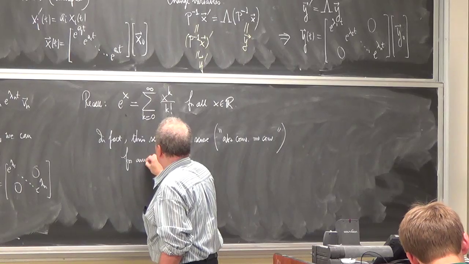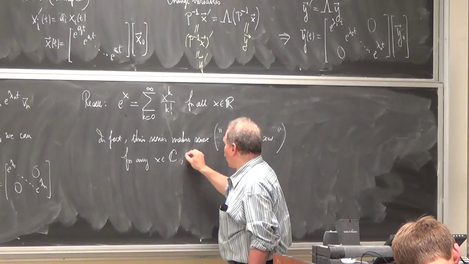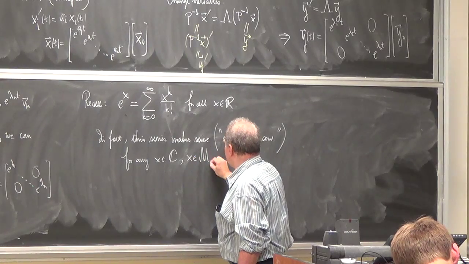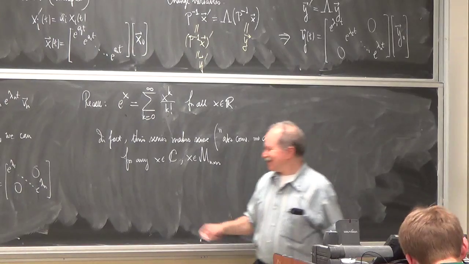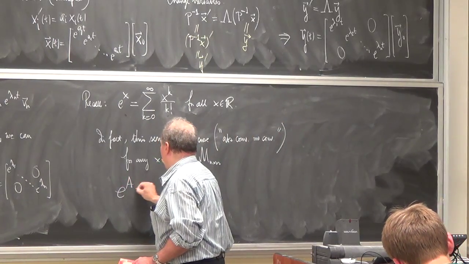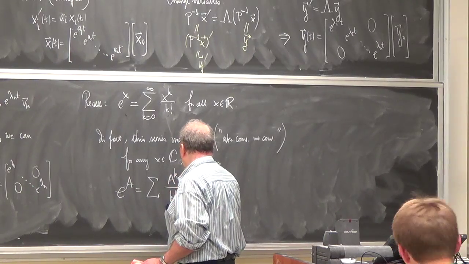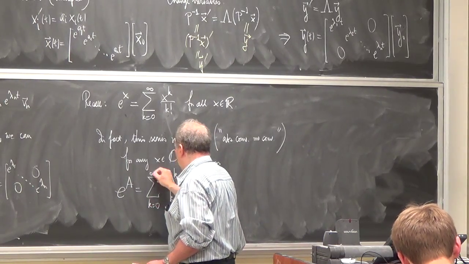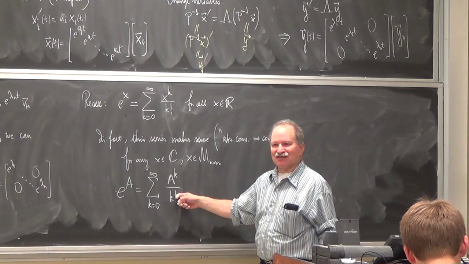For any x in the complex numbers, or any x in n by n matrices, you can put in a matrix and take the sum of its kth power over k factorial, and that will converge for every n by n matrix. And that will be the definition of e to the A.